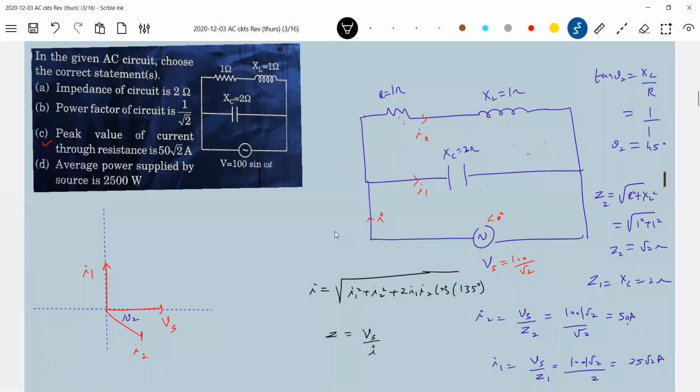Anybody has the value of I? If you give the value of I, 25 root 2.